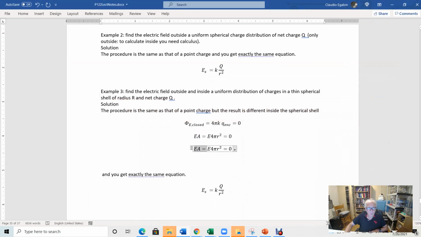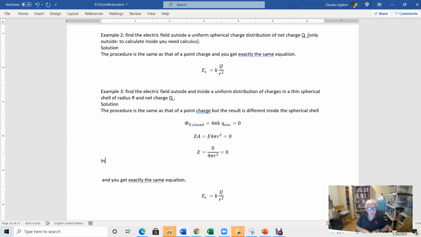So I can solve that: 0 divided by 4 pi r squared, which by the way is 0. So inside the spherical shell, for r less than big R, the electric field is 0.